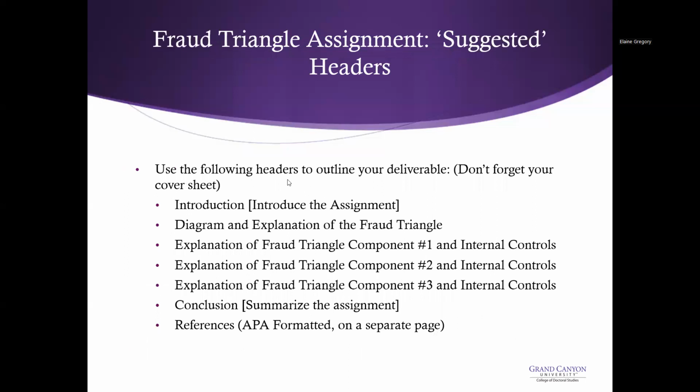Use the following headers to outline your assignment, and don't forget your cover sheet. I want a short introduction to the assignment, and then after that, a header that says diagram and explanation of the fraud triangle. Here you are going to copy and paste your illustration, your diagram, in that section.